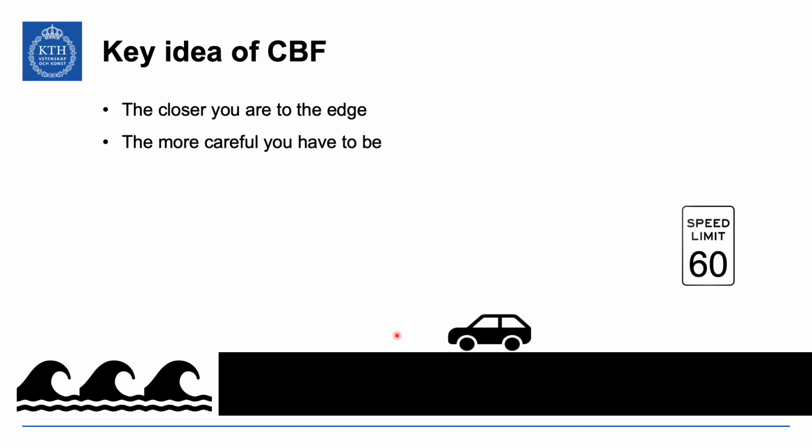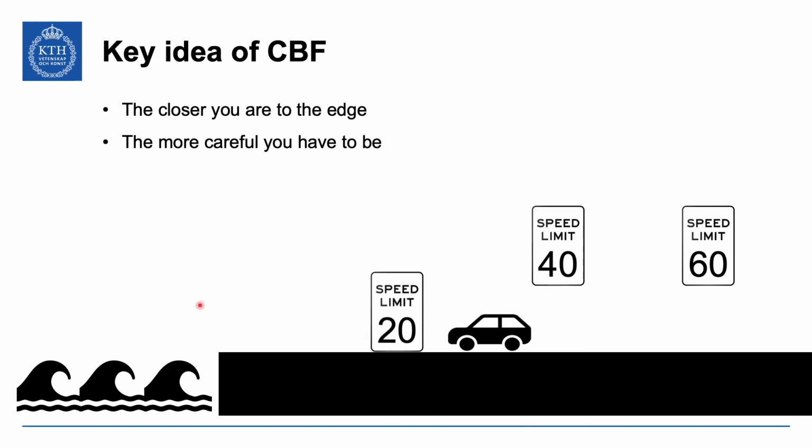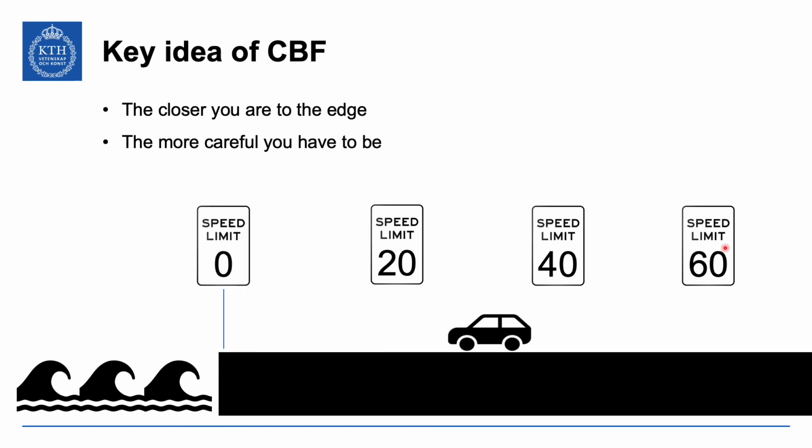So you need to drive slow when you drive close to the edge, basically. So we can imagine this being implemented by a set of speed limits that have reduced speed as you come closer to the edge and the water. But more importantly, slower speeds are important when moving towards the edge.